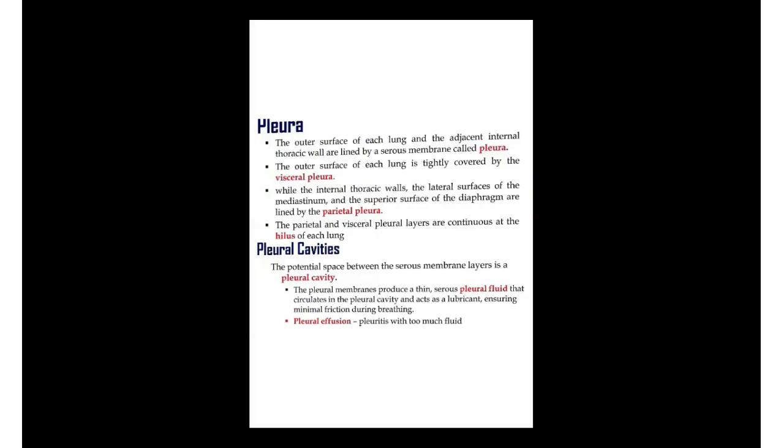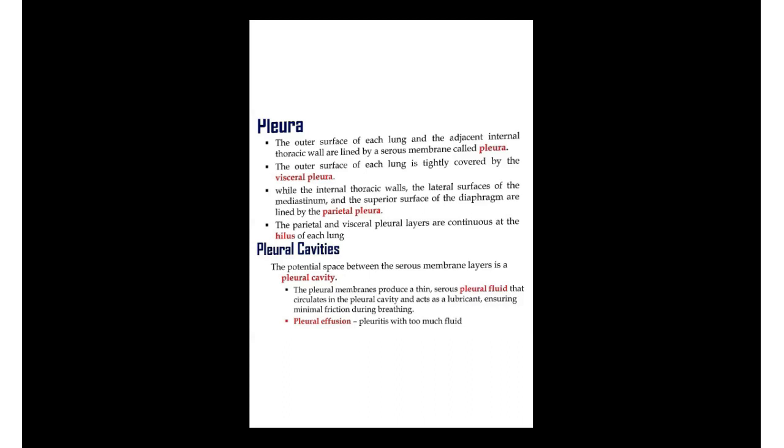Pleura is the outer covering of each lung, adjacent to the internal thoracic wall, lined by a serous membrane called pleura. The pleural membrane is the outer covering of the lungs, and between these membranes we have fluid known as pleural fluid.